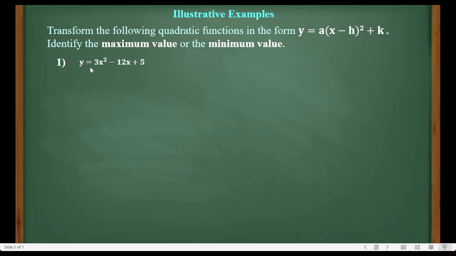The equation is y equals 3x squared minus 12x plus 5. For our solution, this standard form is now about to be transformed or written in this form. We call it the vertex form.